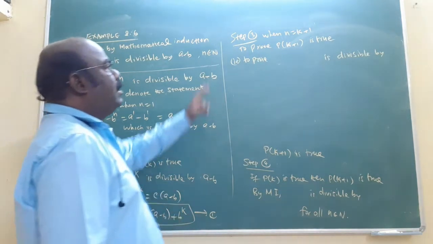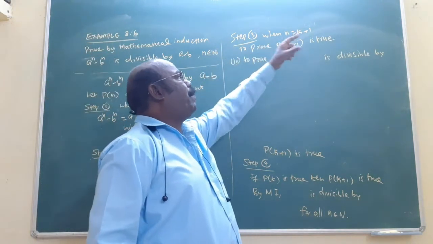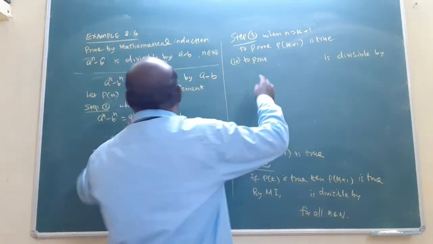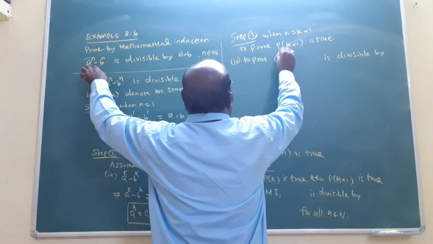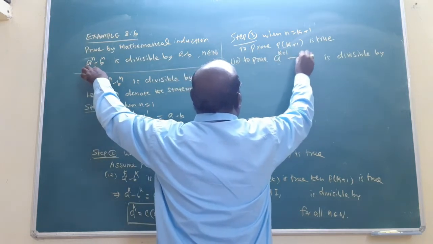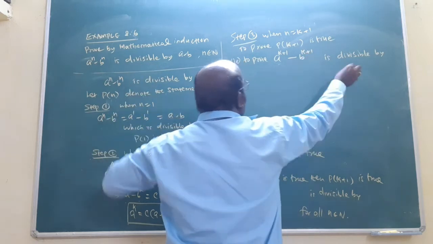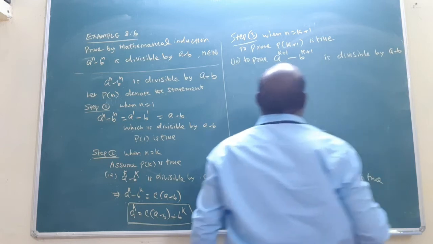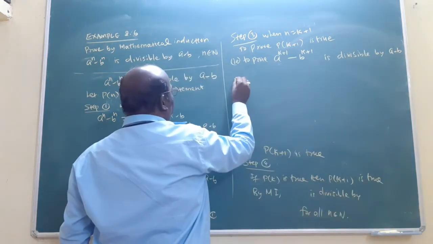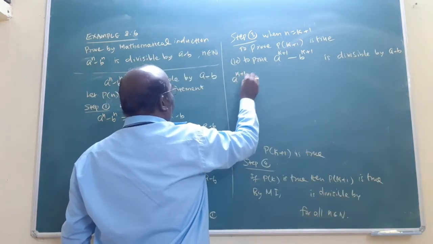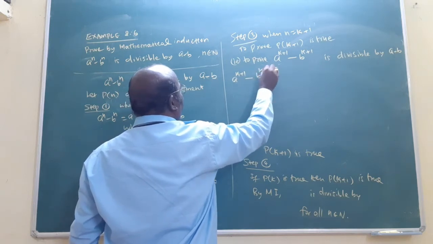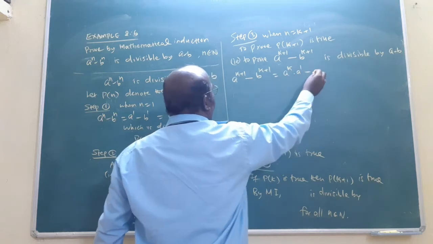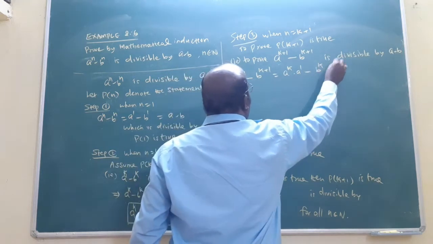Now next is step 3. N equals k plus 1. To prove P of k plus 1 is true, replace n by k plus 1. That is, a power k plus 1 minus b power k plus 1 is divisible by a minus b. Am I correct? Now start with this one. A power k plus 1 minus b power k plus 1 can be written as a power k into a power 1 minus b power k into b power 1.